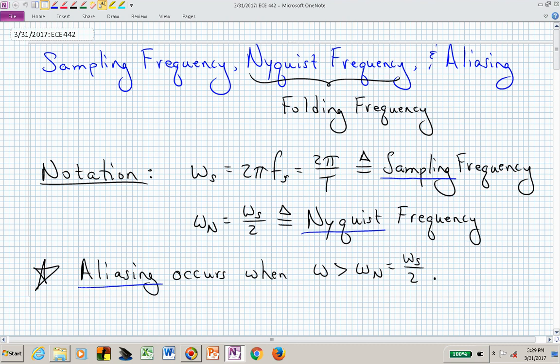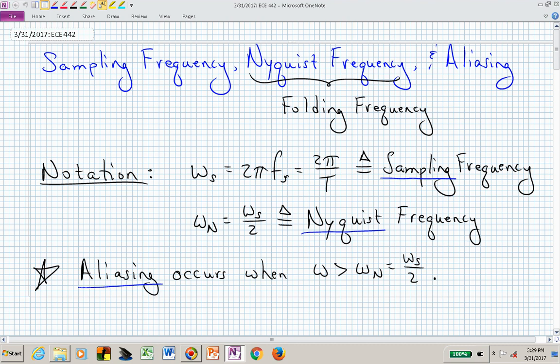And by that aliasing, I mean that that particular frequency, when sampled at a sampling frequency of omega sub s, will actually appear as if it's a frequency between 0 hertz or DC and the Nyquist frequency, or omega sub s over 2.